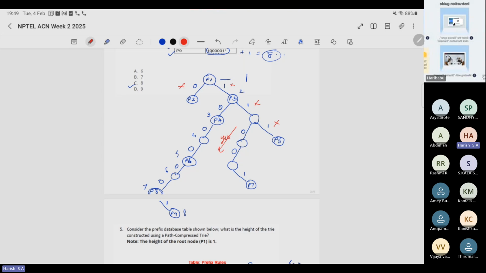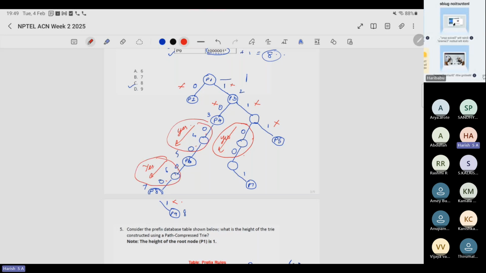And here, can you compress something? No, you can't. And here, can you compress? Yes, you can. And here, can you compress? Yes, you can, because there are two zeros. Here there are two zeros. And here, can you compress something? No, you can't. So we need to compress this, this, and this.